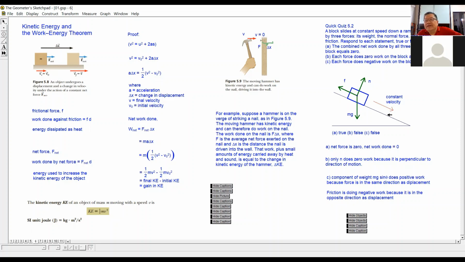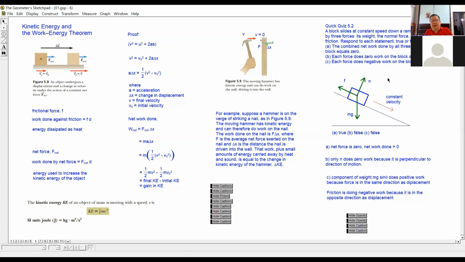The three forces acting on this block are: number one, the weight of the object; number two, the normal reaction; and the third one is the frictional force. These are the three forces acting on the block, which is sliding down the inclined plane at a constant velocity.